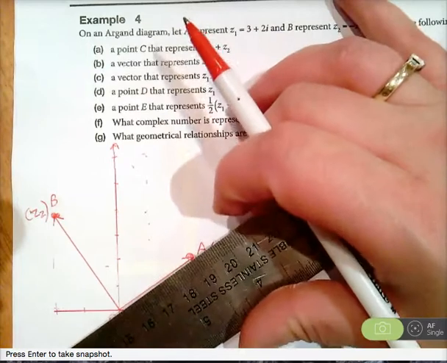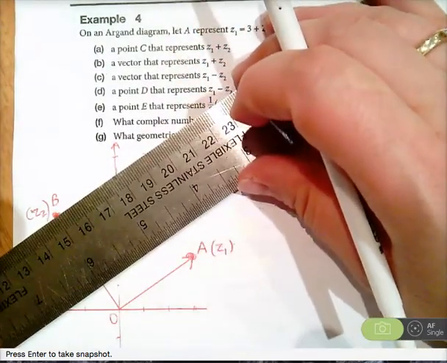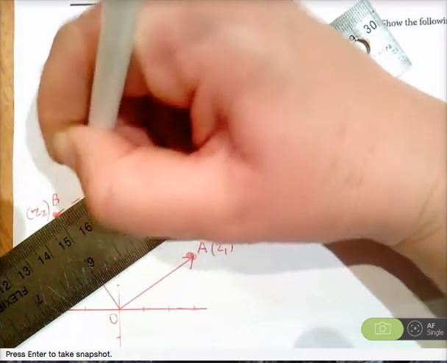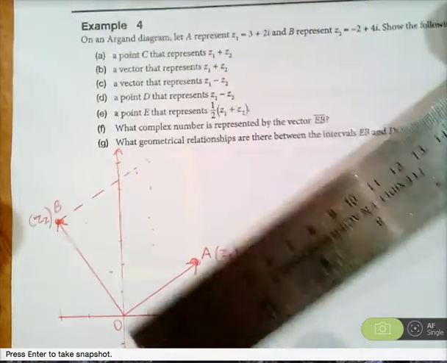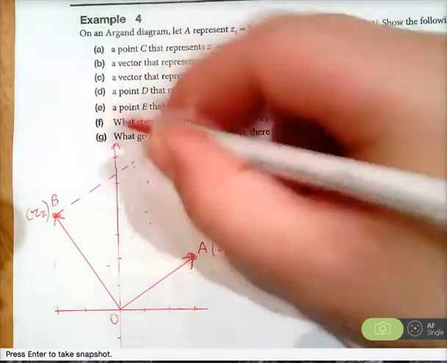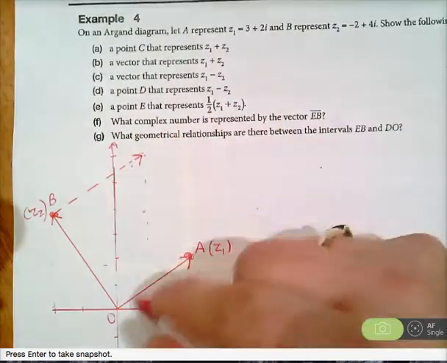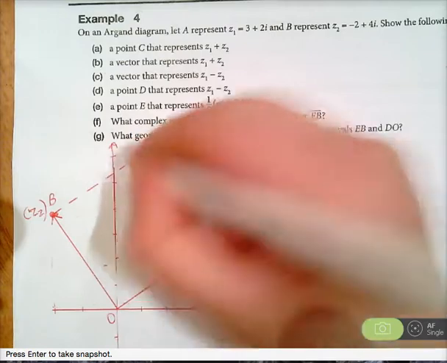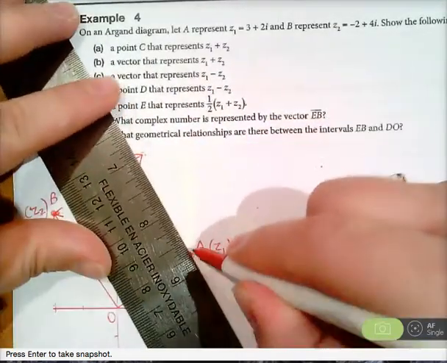I'll just try and get the same length. So across 3 and roughly up 2. So this is Z1 transposed up there, and then just completing this parallelogram here. Sorry, I think I've drawn that a bit long, so I'll just close this up here. That is a bit long, okay?